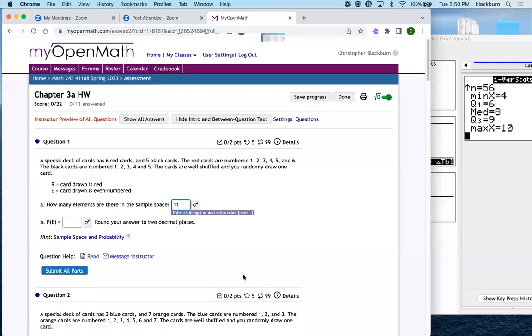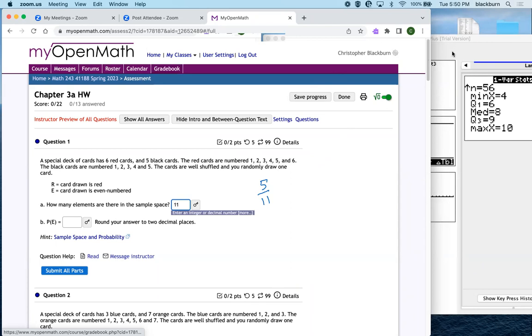And then the probability that event E happens. The probability that a randomly drawn card is even: 3 red cards are even and 2 black cards are even. So 5 out of 11 cards are even. In our calculator we calculate 5 over 11.